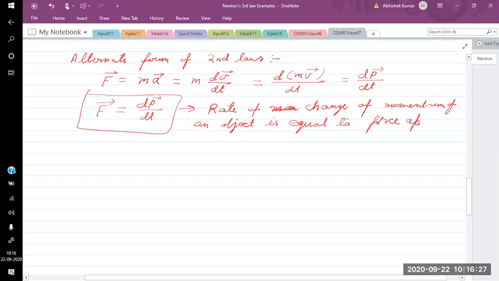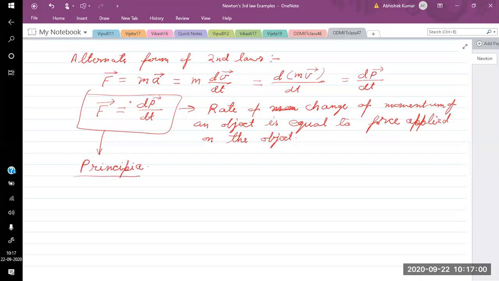F equal to ma is the law which we study generally, but this is the original law which was given in the book, and this is the law which is more general than F equal to ma. This is more general and more accurate.